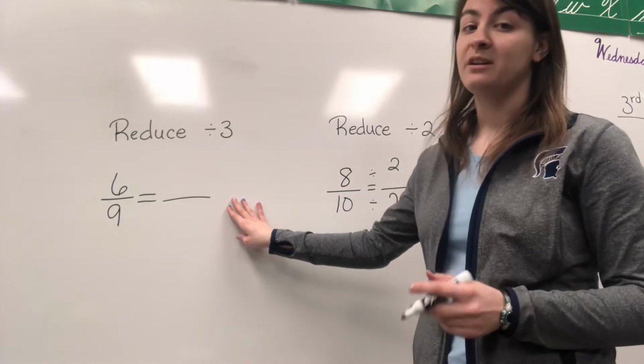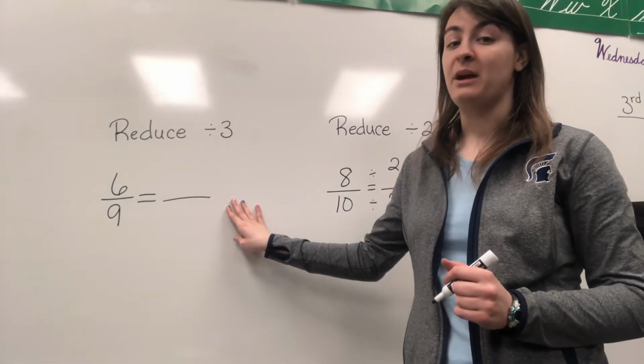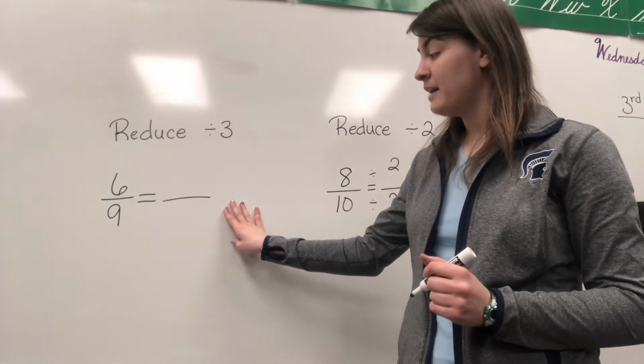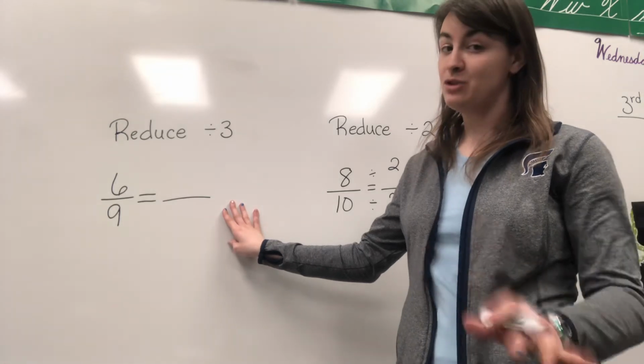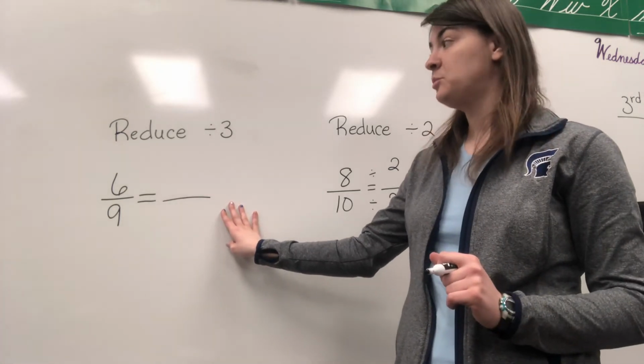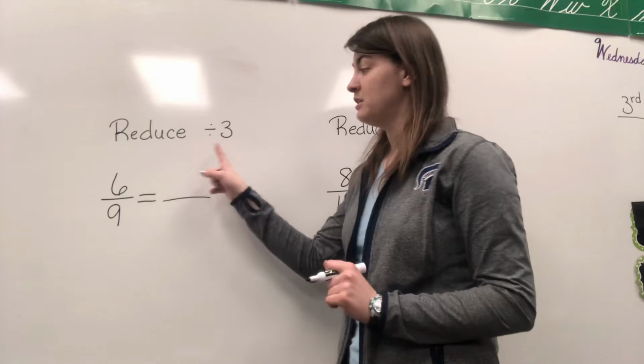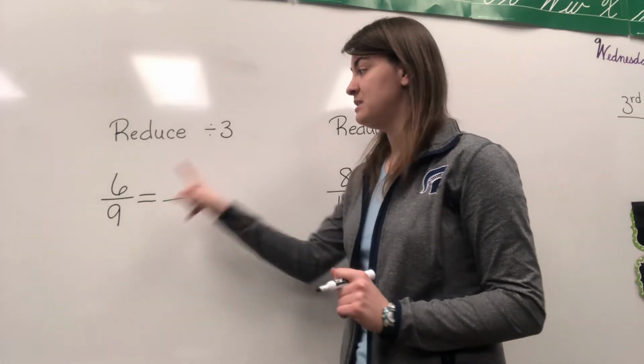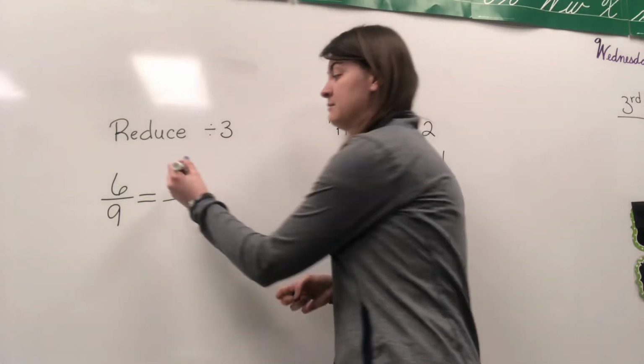Yesterday, we started working on reducing fractions by dividing by 3. So I'm going to do a practice one with you today. You should be able to handle it, but just want to review the practice with you. So we're going to take 6/9 and divide it by 3/3.